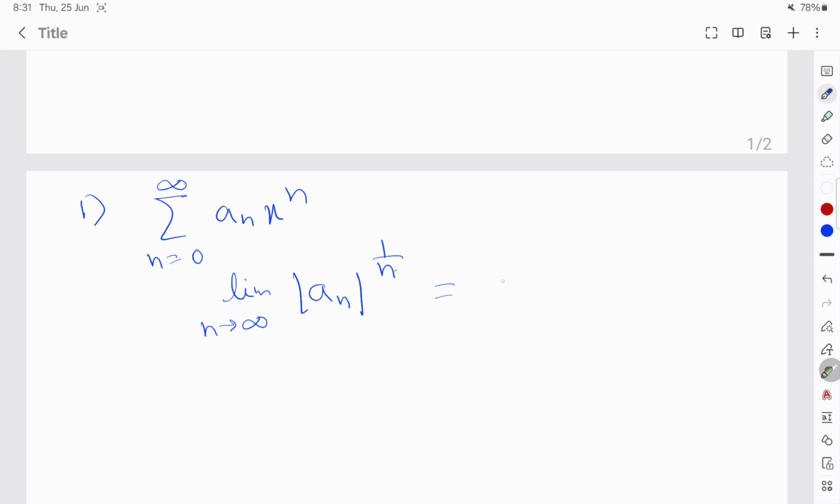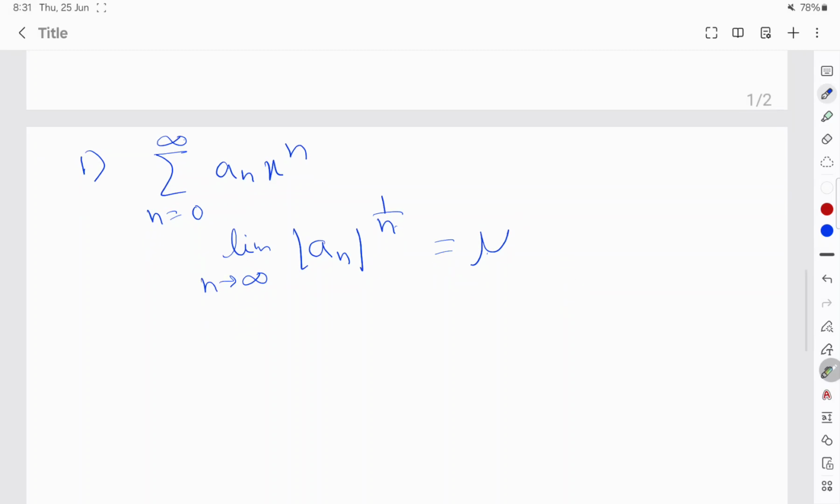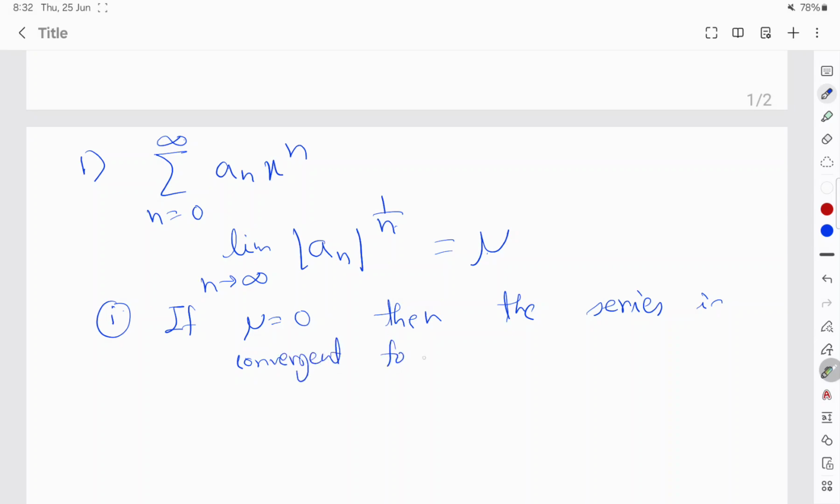Suppose this limit you get is mu. Then you have some properties. If mu is 0, then the series is convergent for all x.